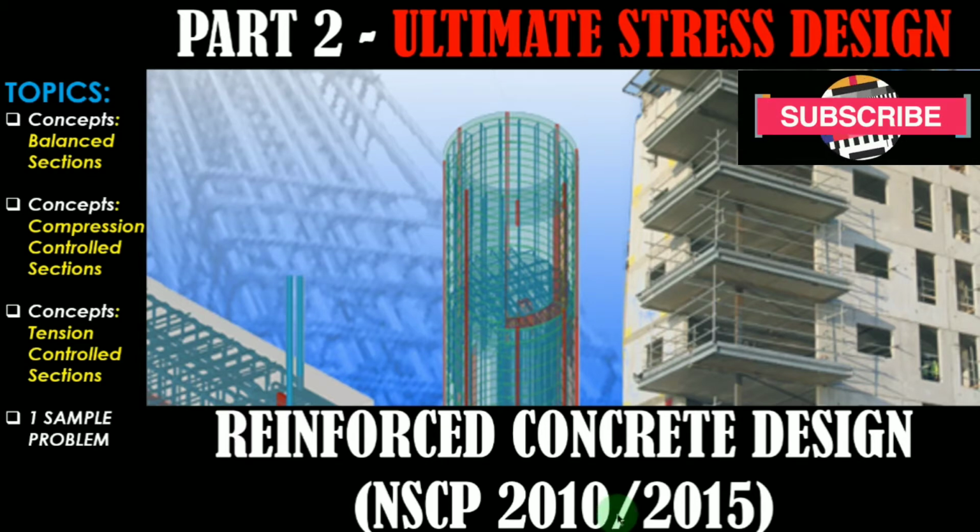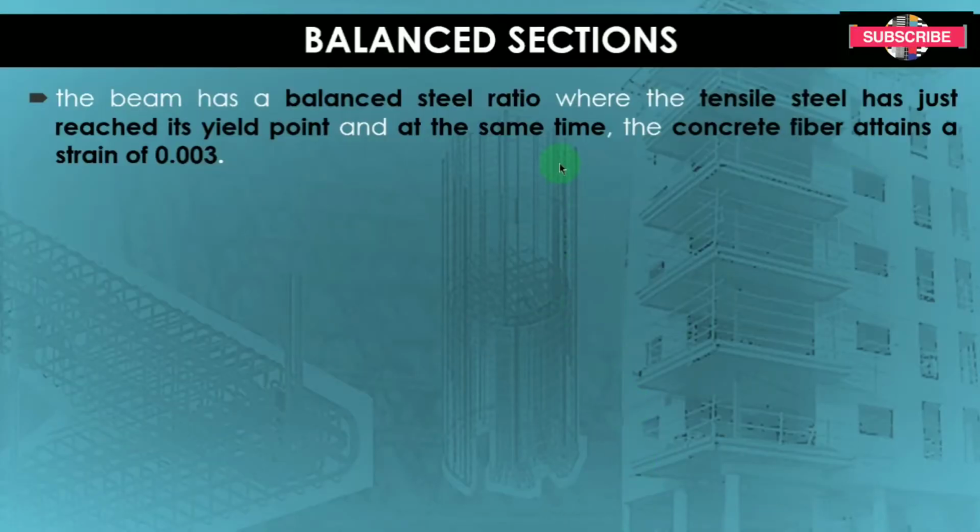Okay, so let's go now to this balance sections, and this will have an introduction that the beam has a balance steel ratio where the tensile steel has just reached its yield point, and at the same time the concrete fiber attains a strain of 0.003.